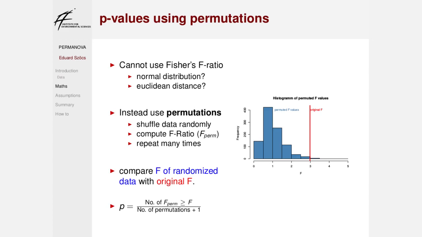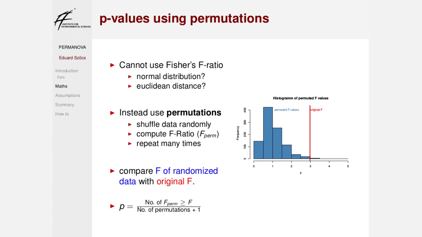So we need another method, and the method that we use here, which is also common, which we already encountered with RDA when testing, for example, the axes for significance, is permutations. So what do permutations do? They just shuffle the data randomly, because if our null hypothesis, which is there is no difference, is true, then we can shuffle the data and nothing should change.